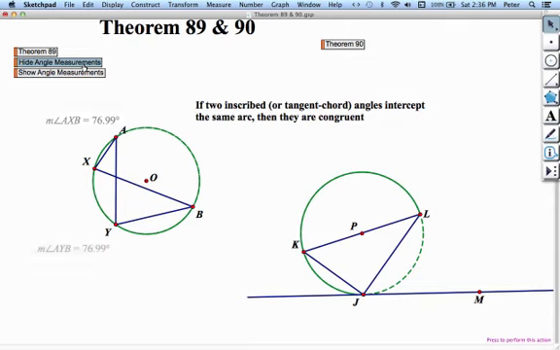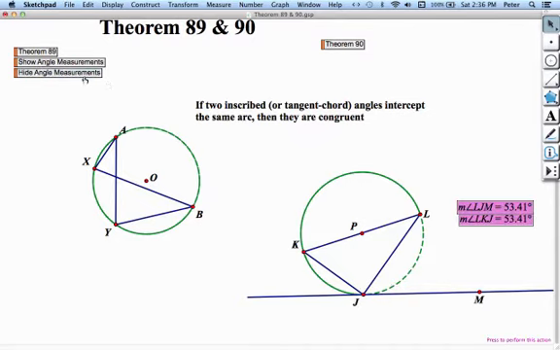Okay, let's move then over to a tangent chord angle. Well, here we have angle LJM, we know is going to measure half of arc LJ. And angle LKJ is going to also be inscribed in the same arc LJ. So, since both the tangent chord angle and the inscribed angle are half the measure of this arc, the angles should be the same.